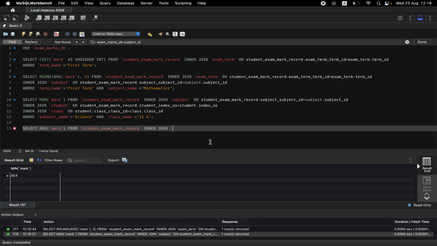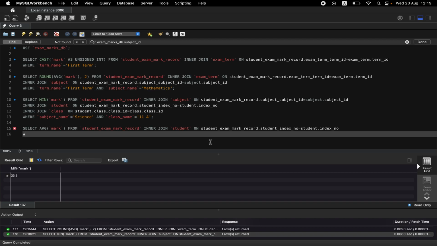We need the student table on student exam mark record dot student index number equals student dot index number, inner join.